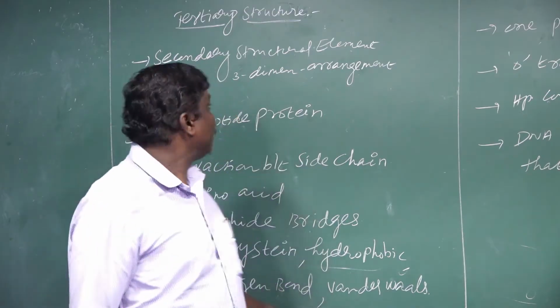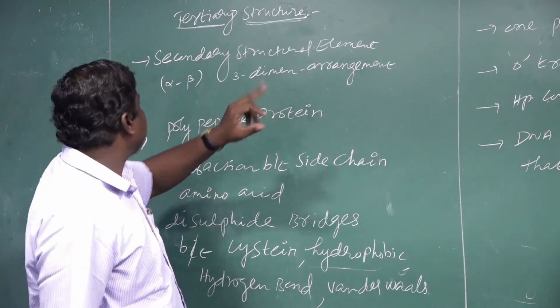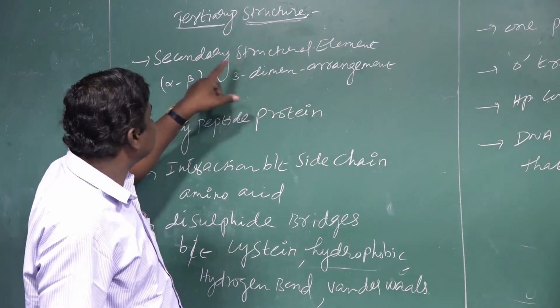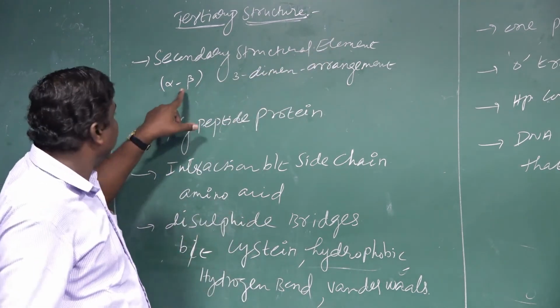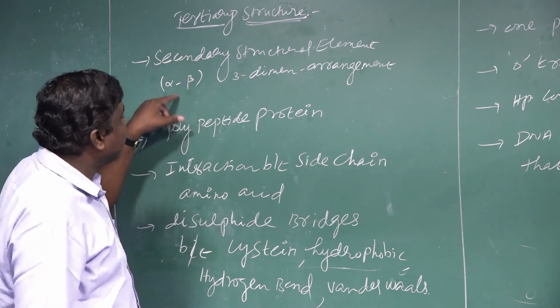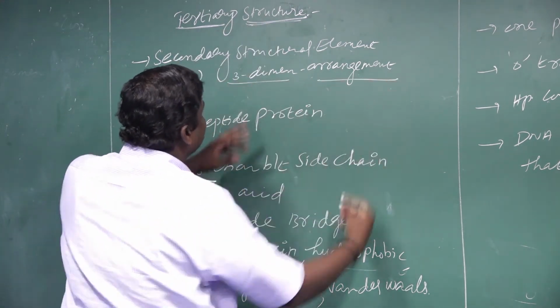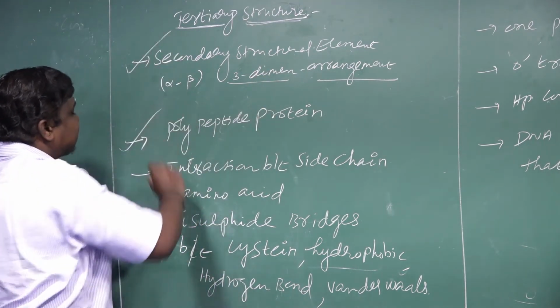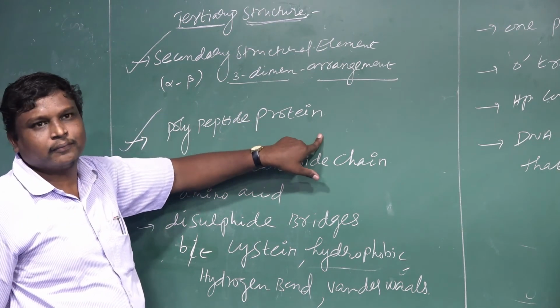Next one, tertiary structure. It contains secondary structure elements like alpha helix and beta strands. The tertiary structure of protein contains a three-dimensional arrangement. Second one, it contains a polypeptide protein.